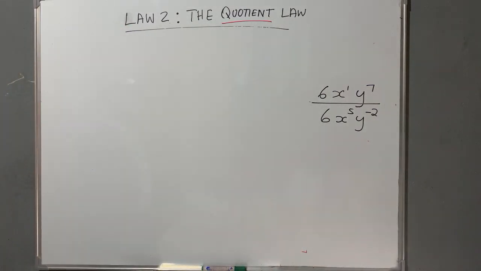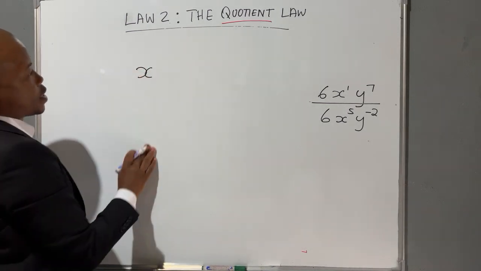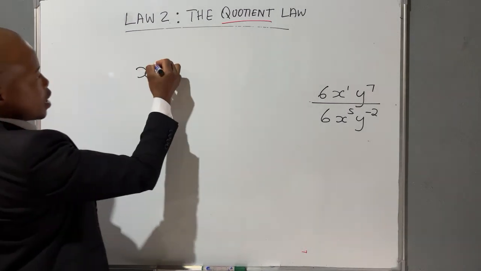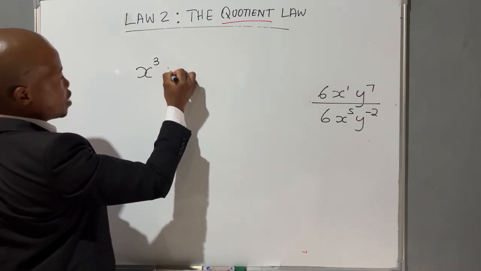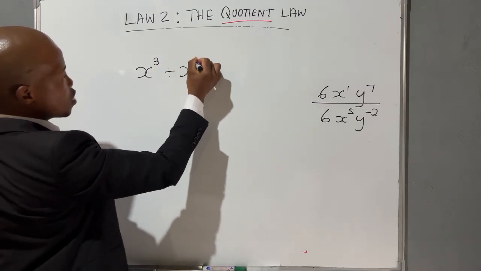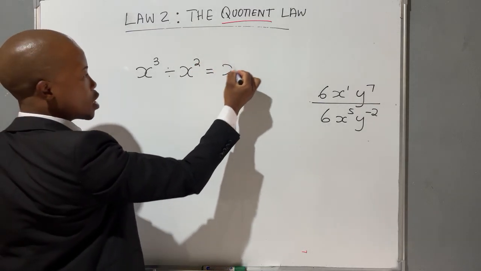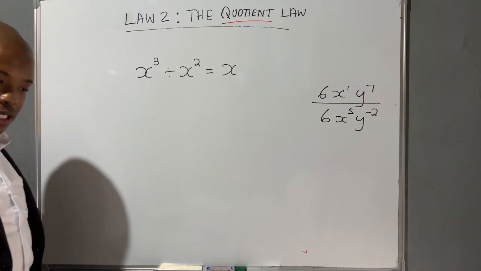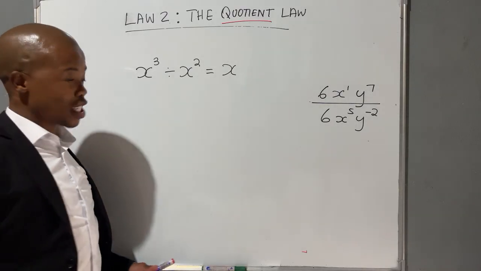If you have a variable like, for example, x to the exponent 3, divided by x to the exponent 2, we are simply going to keep the base and subtract the exponents.